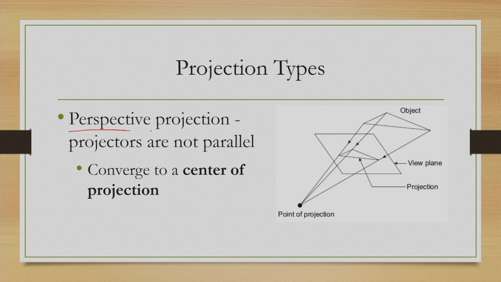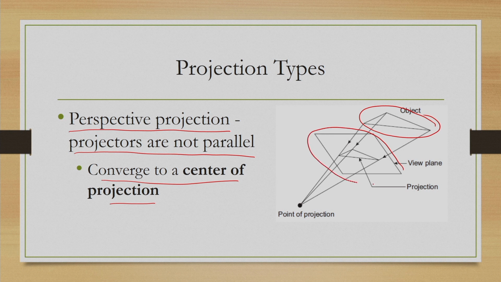So, in case of perspective projection, what happens? The projectors are not parallel to each other and they converge to a center of projection. Here, as you can see, this is the object, this one is the view plane. From the object we created projectors like here, here, here. These projectors are not parallel to each other and they were projected towards a common point of projection where they meet.